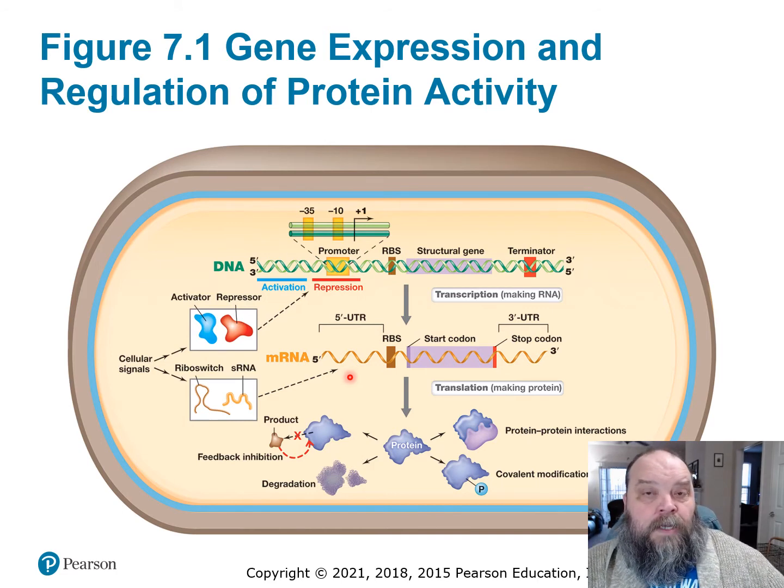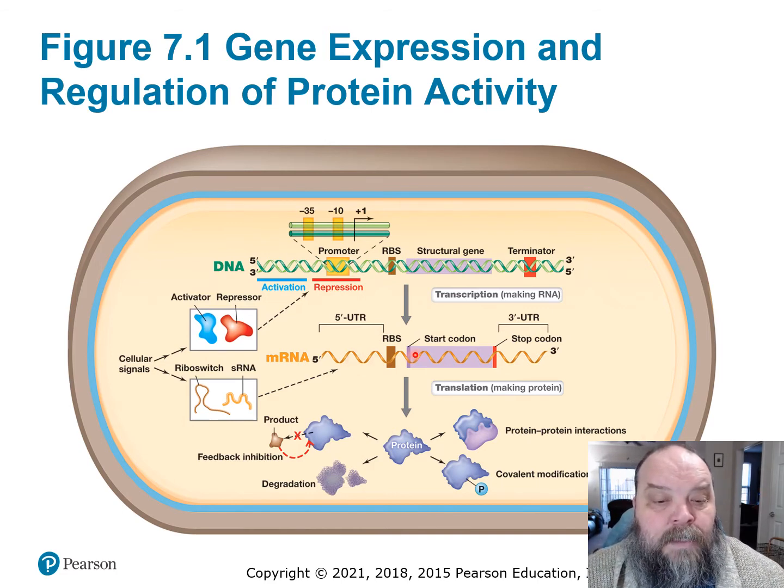If they're interfering, it means that the small subunit can't get there along with the initiation factor and formylated methionine, fMet tRNA, then the large subunit can't get there. No translation will occur.